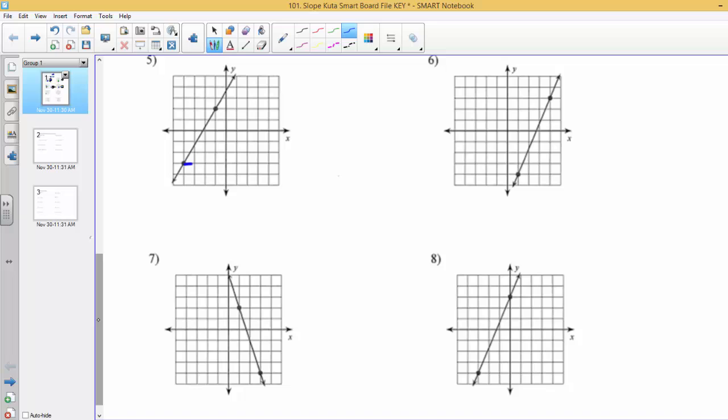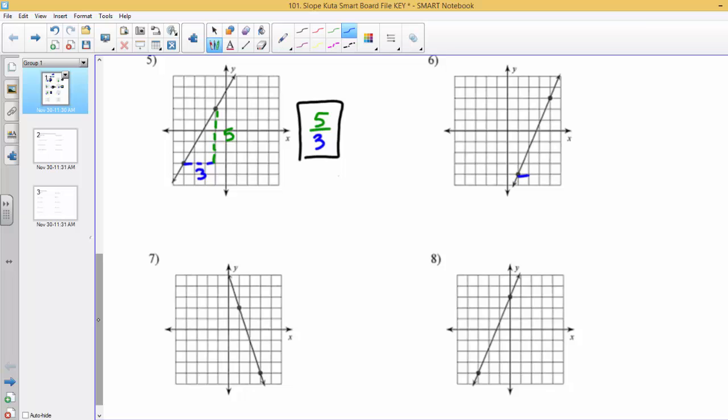In number 5, over 3, up 5. Rise over run, 5/3. You could also write 1 2/3. But again, this is better for the rise over the run.